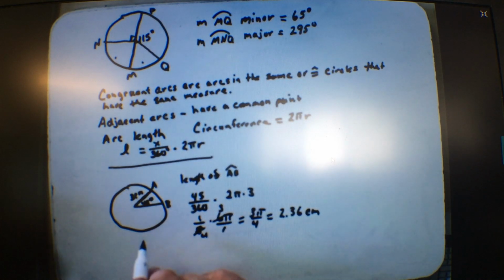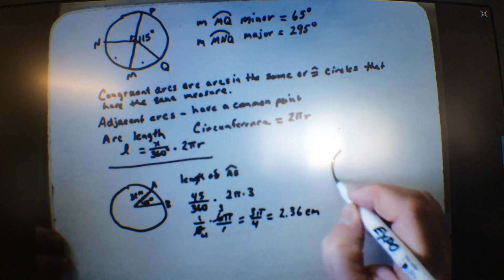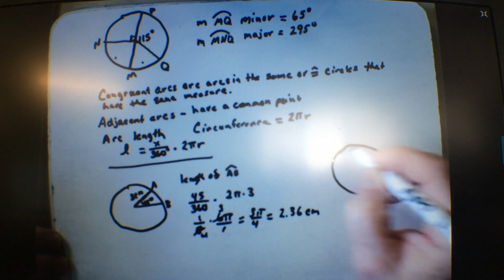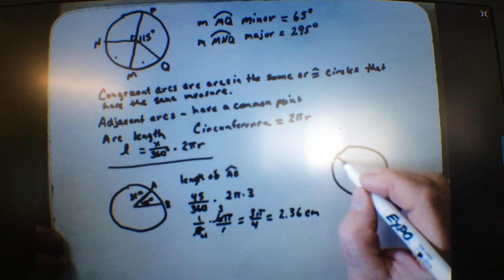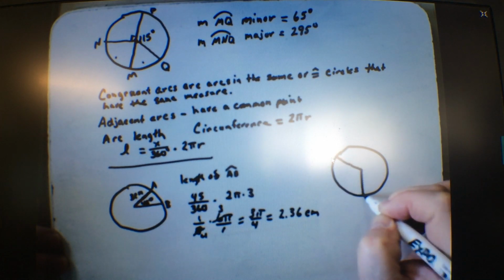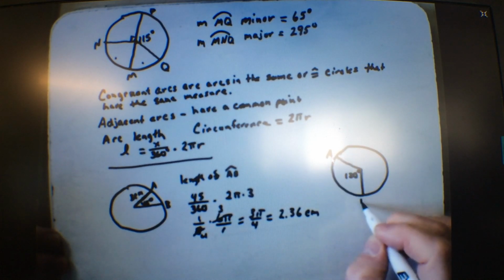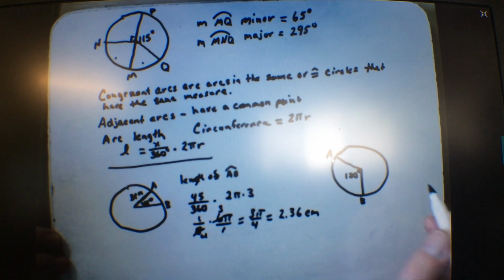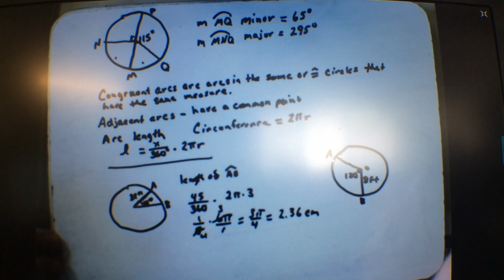So here's what I want you to do. I want you to do the same thing. I'm going to draw a new circle. You're going to tell me how long it is. I'm going to go like this, and this is 120 degrees. This is A, and this is B. And this is 8 feet. Your center is O. The radius is 8 feet.